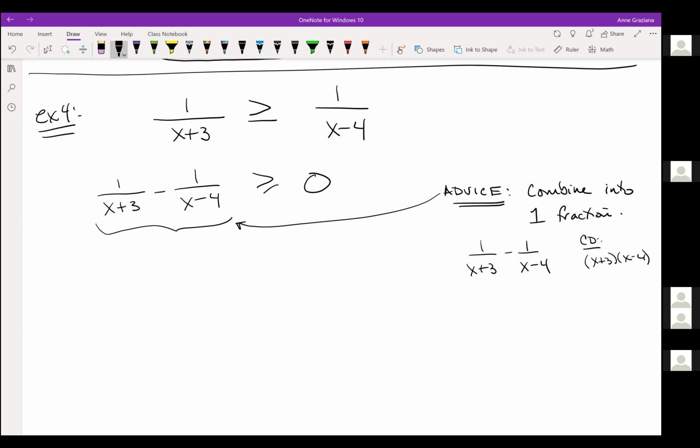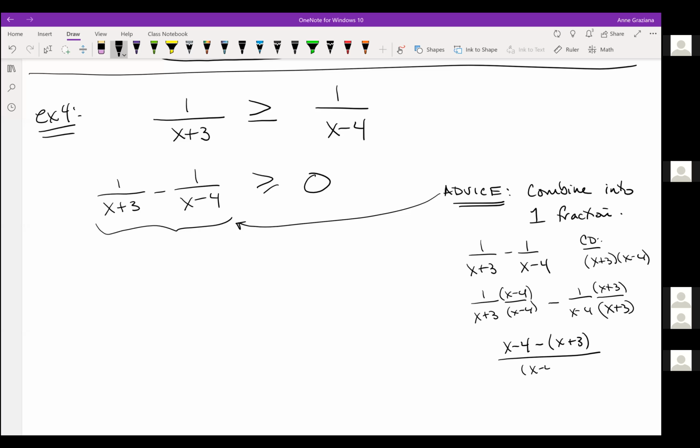So I'm going to take this as 1 over x plus 3 times x minus 4 over x minus 4, minus 1 over x minus 4 times x plus 3 over x plus 3. Is that okay, Hassan? Okay, then look what happens here. We have x minus 4 on top minus the quantity x plus 3. It's really important that you subtract the whole quantity.